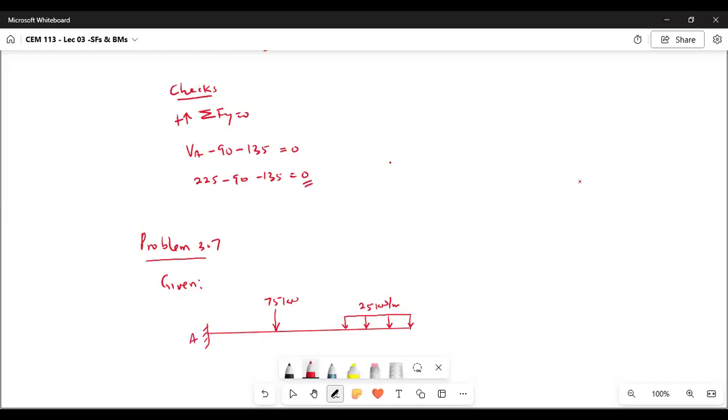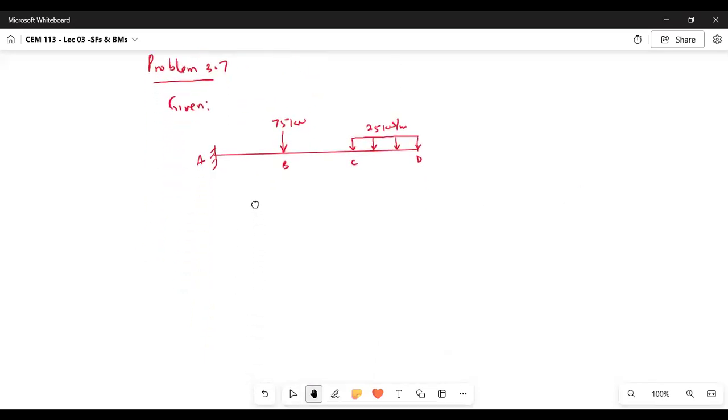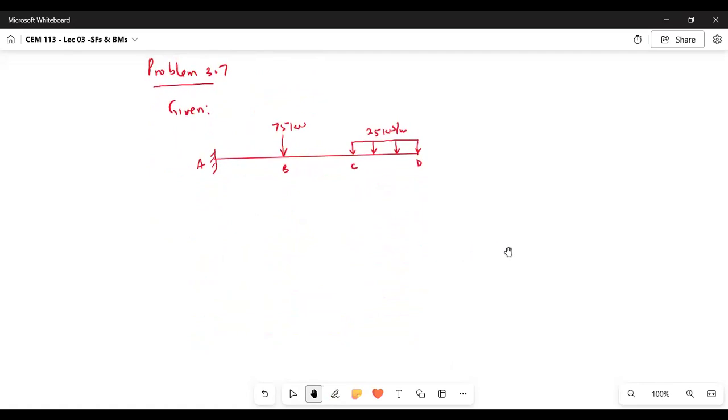This is point A, B, C, and D. Okay, let me move it up. Okay, so now let me put the distances. So this one is 6 meters. This is 6 meters. And this is also 6 meters.